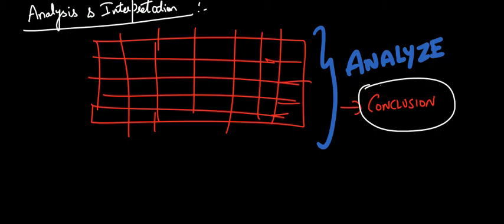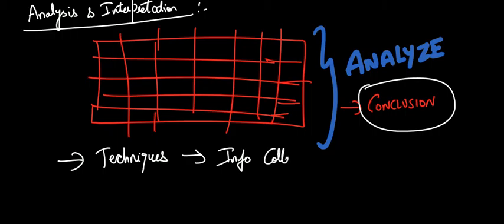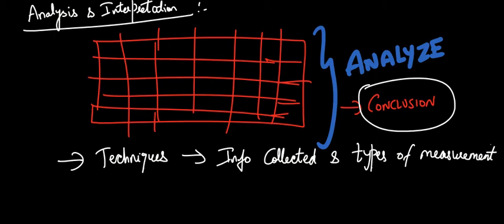Once the data is collected, analysis needs to be done. The techniques of analyzing data depend on the information collected during the data collection process, and also the types of measurements used. Because once you know the types of measurement and the nature of information collected, the analysis of this information becomes simpler. And when should this analysis and interpretation process be decided?